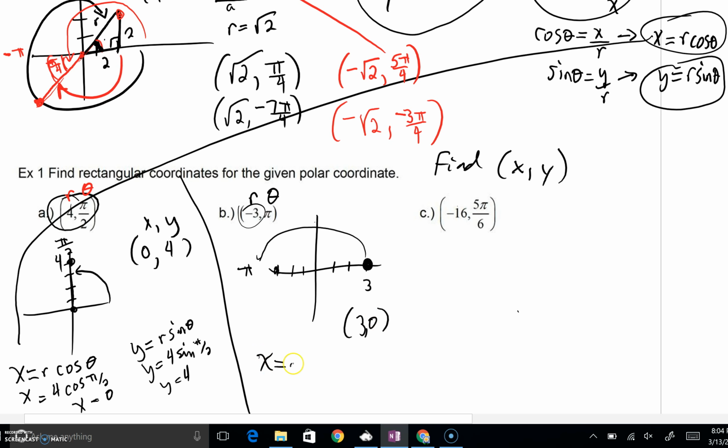Again, I just want to point out that you could have used this formula. X is equal to negative 3 cosine of pi. Cosine of pi is negative 1. You would see quickly that x is a 3, just like we saw. R sine of theta. Well, here we go again. You can say it's negative 3 times the sine of pi, but sine of pi is 0.